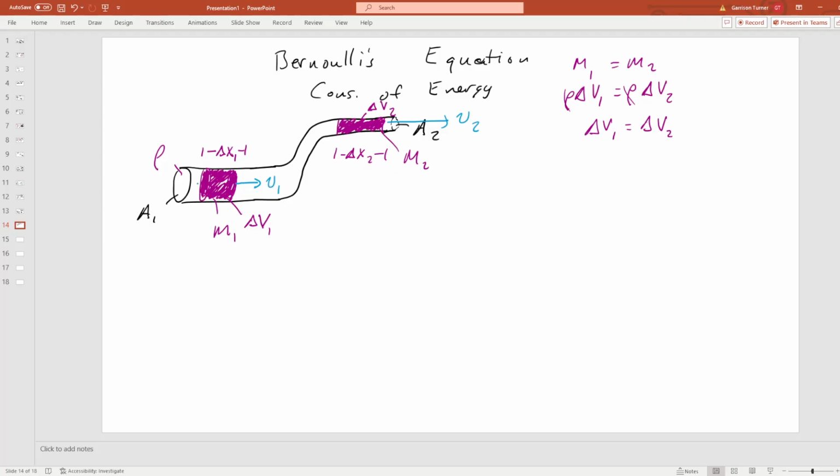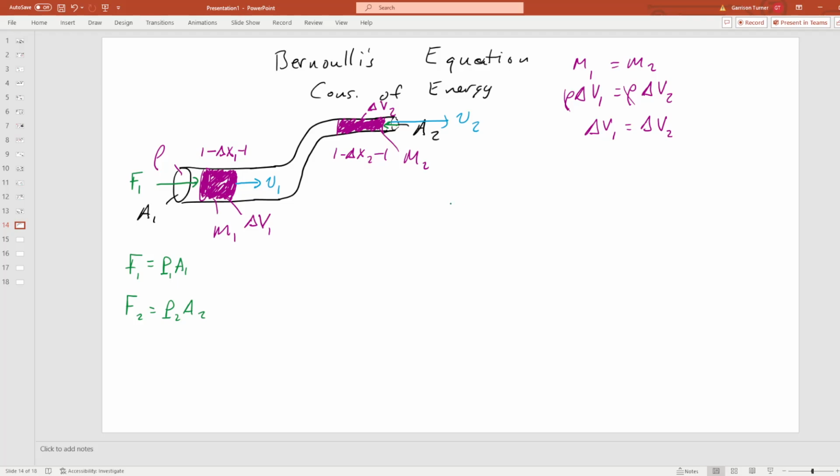Now, the force being exerted on this back end of the pipe, or on the fluid rather, F1 is going to equal the pressure in the rear times A1, and F2, the pressure over here is going to be pushing inward this way, and that must be pressure 2 times area 2.